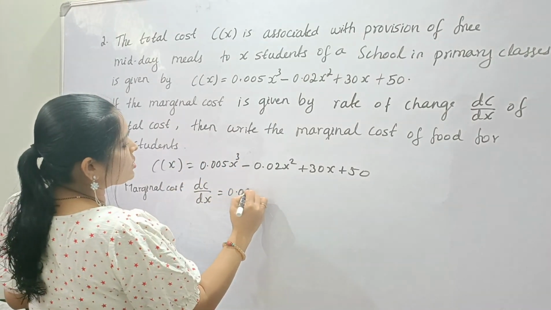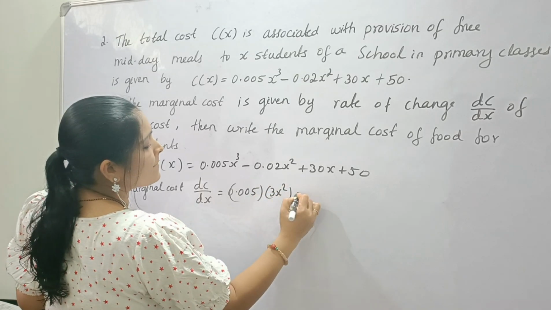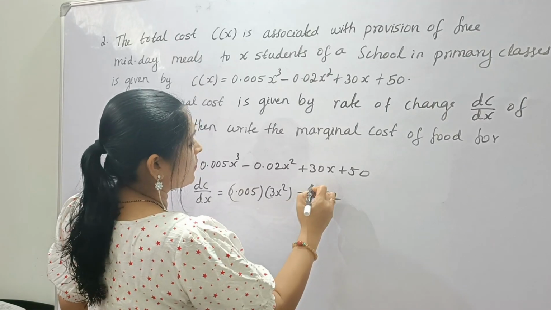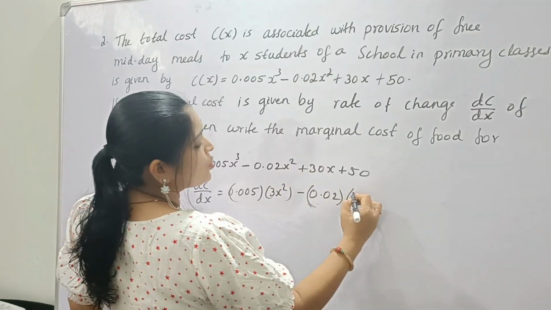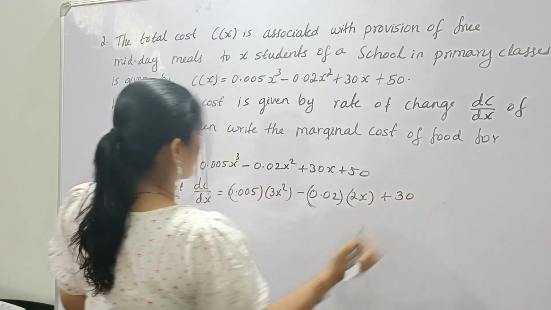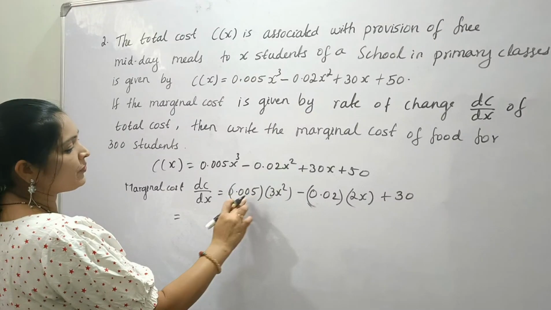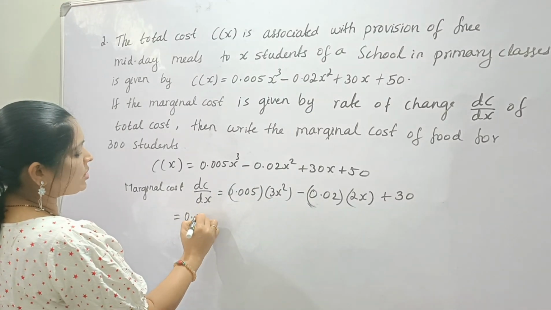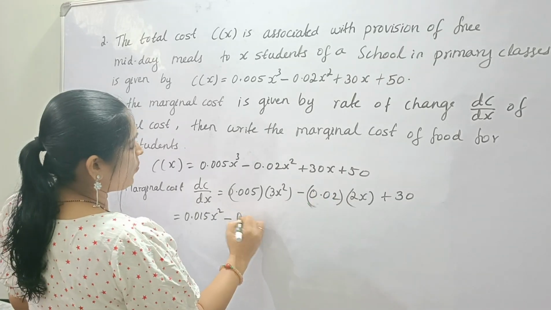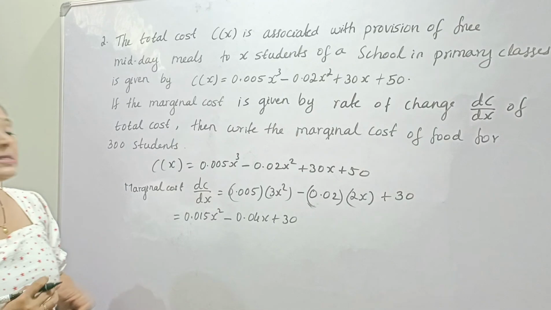So 0.005 into 3x², minus 0.02 into 2x, plus derivative of 30x is 30. Then 3 into 0.005 is 0.015. So 0.015x² - 0.04x + 30. It is the marginal cost.